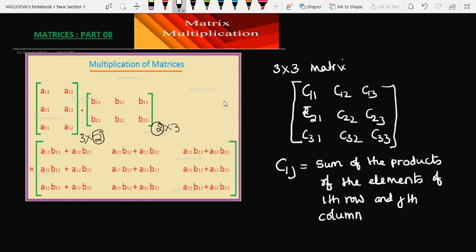So C11 is the sum of the products of the elements of the first row and first column of the matrices A and B, the first matrix and the second matrix.